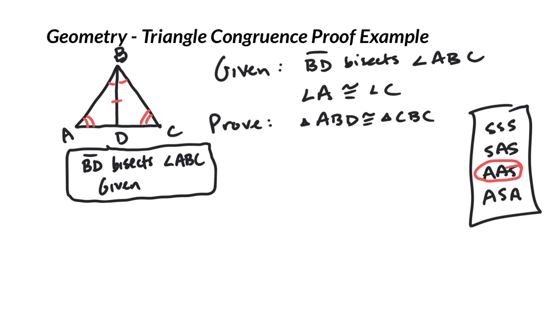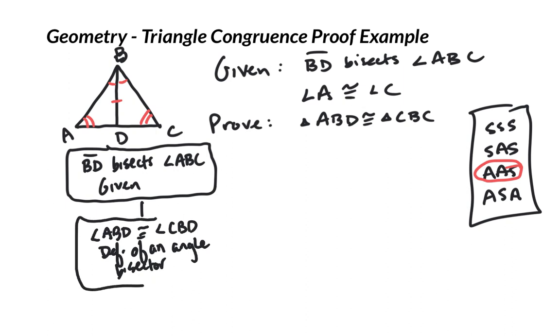Well, what it tells me is that angle ABD is congruent to angle CBD. This is the definition of an angle bisector.